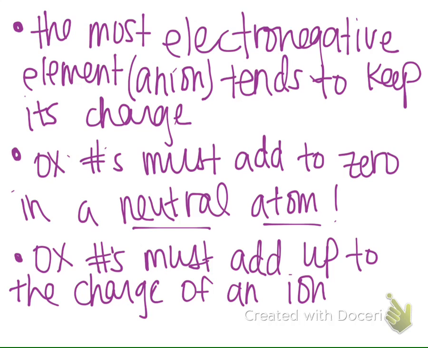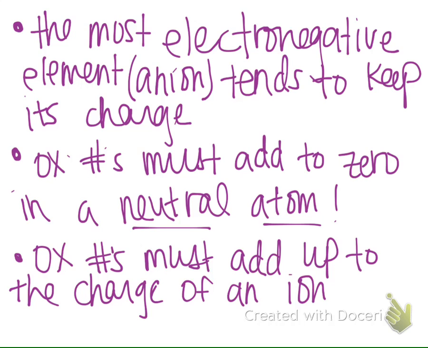Okay? So we know that ions are any compounds that have a charge, or any element or atom or compounds that have a charge, right? Remember the term ion? Yeah, no? Okay, anything that has a charge is considered an ion. So these oxidation numbers have to add up to that charge if the overall compound has a charge. Okay, so if we have a -1, that means we need to have our oxidation numbers add up to -1. Okay, does that part make sense?